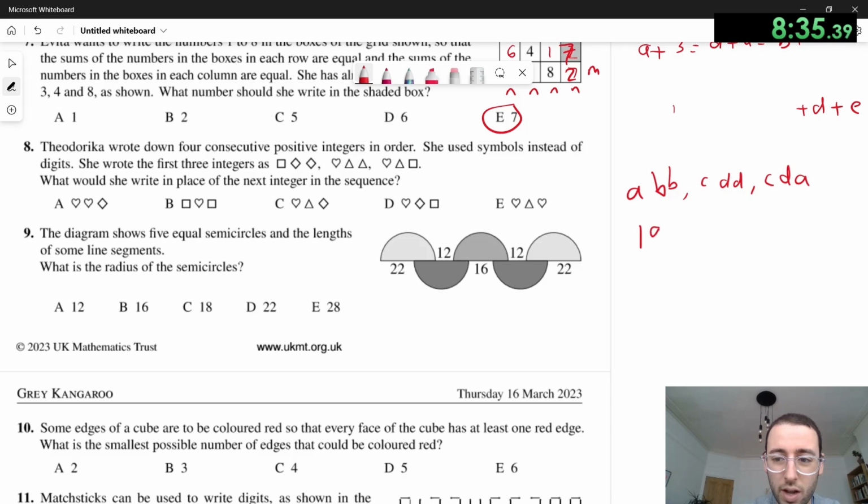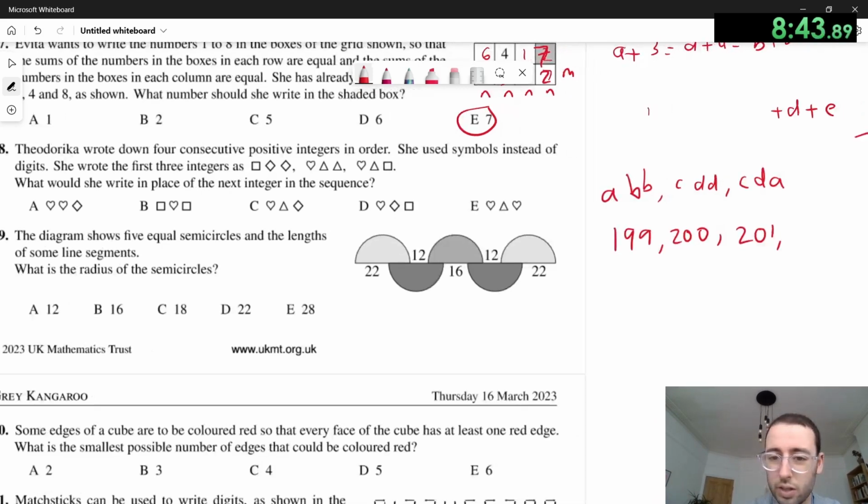So it's 199 going to 200 going to 201. And so 202 is star, heart, triangle, heart. That's really fun, actually. I like that. That's a really nice puzzle.